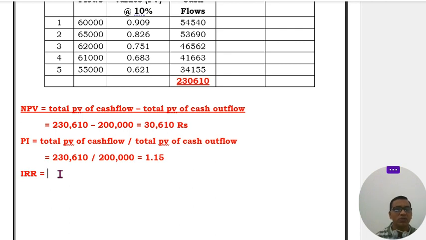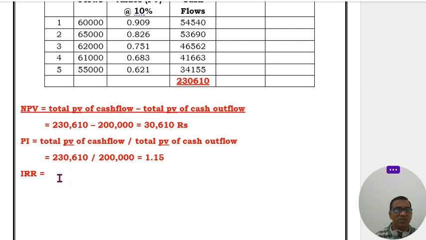Already you calculated NPV at 10%, now increase it more than 10%. You can take 12%, 13, 14, 15, anything more than 10 you can try. There are no rules. It is a trial and error method. So in order to decrease this value, you have to increase the rate of return, increase the discount factor.